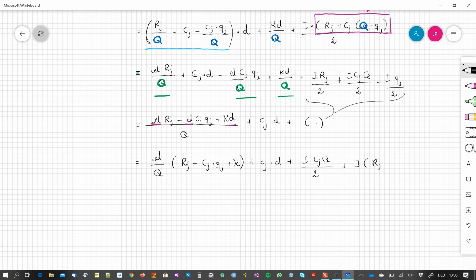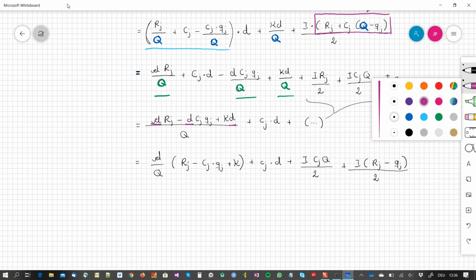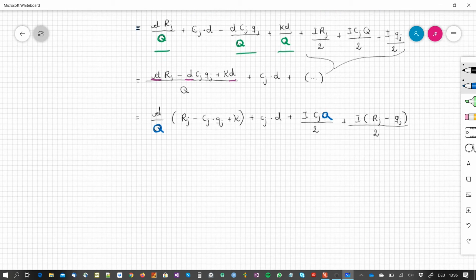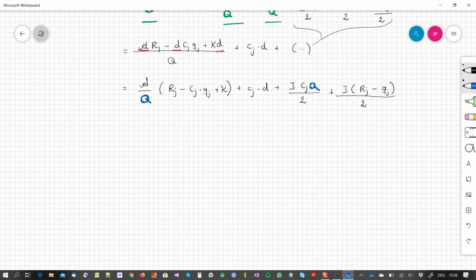So this is I c_j times (Q minus q_j divided by 2). And now you should have an easy time to see that the Q is here and here. So this becomes more friendly when we want to differentiate now.